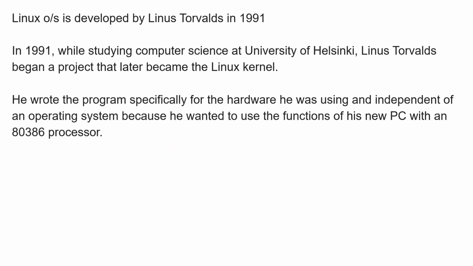And remember, Linus Torvalds wrote a program specifically for the hardware he was using, independent of the operating system. So you'll ask me, what is this? See, 20 or 25 years back, when we were using Unix, it would run only on proprietary hardware. What does proprietary hardware mean?